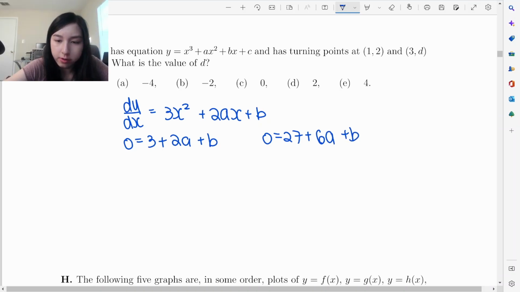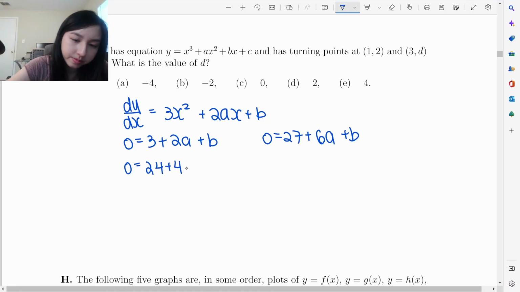We just have to solve for a first, and then we'll solve for b, and then we'll solve for d, I think. So if we subtract, we should get 0 equals 24 plus 4a.